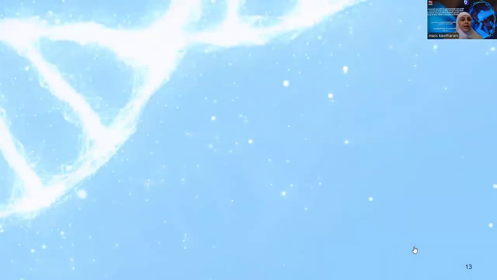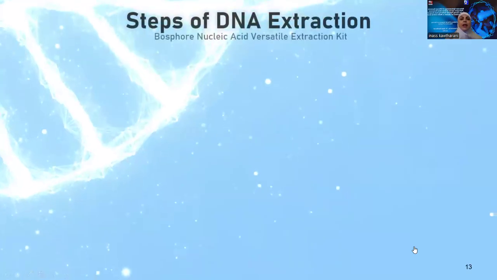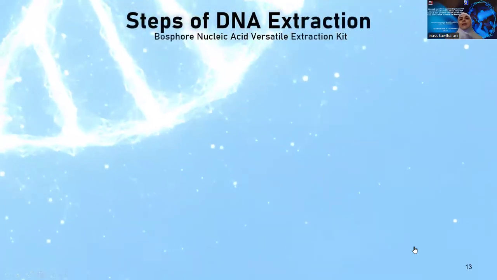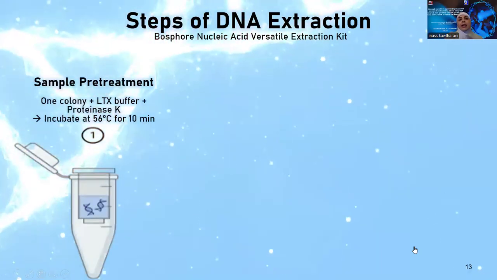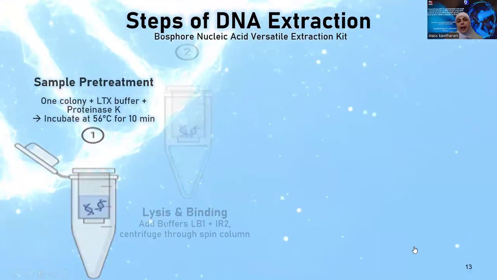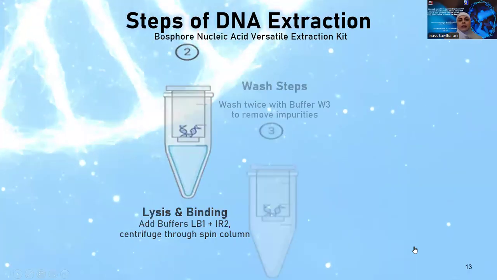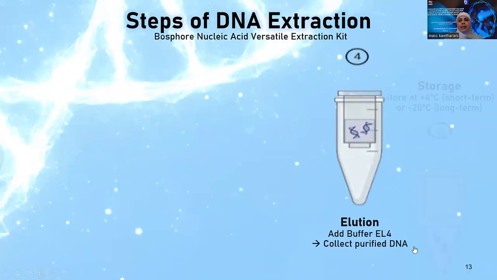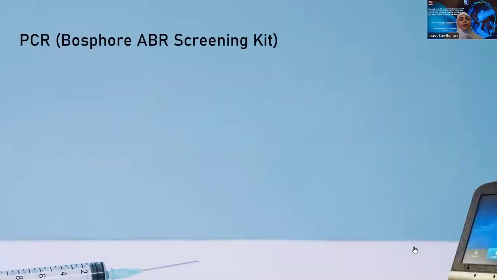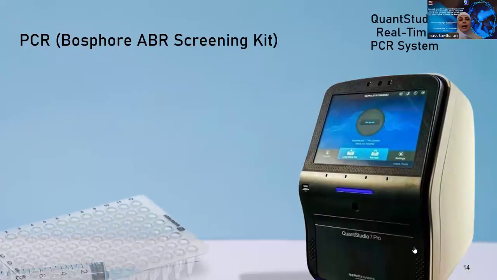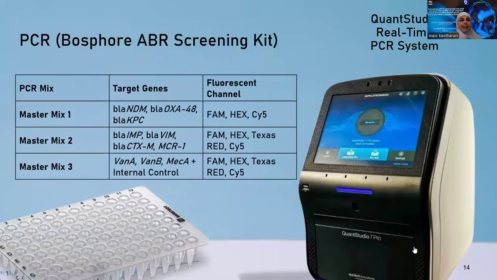DNA was extracted using the phosphor nucleic acid versatile extraction kit. It consisted of different steps: sample pretreatment, lysis, binding, wash steps, and elution and storage. After that, PCR was performed using the phosphor antibacterial resistance screening kit with the QuantStudio real-time PCR system.